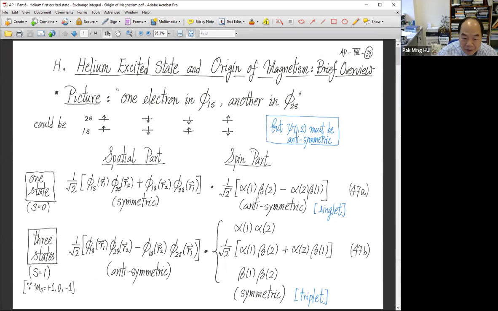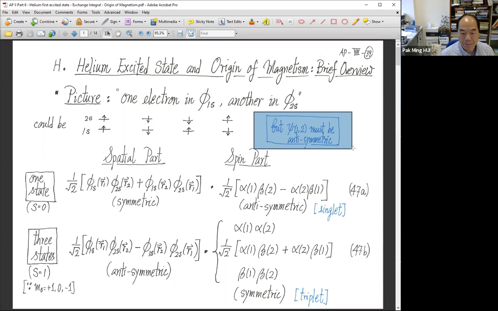Now, let's think about it. We have two states, A and B. They are different now, okay? Now I could have up, down, down, down, up, down. Makes sense, right? But the rule is that we must have anti-symmetric two-electron wave functions.